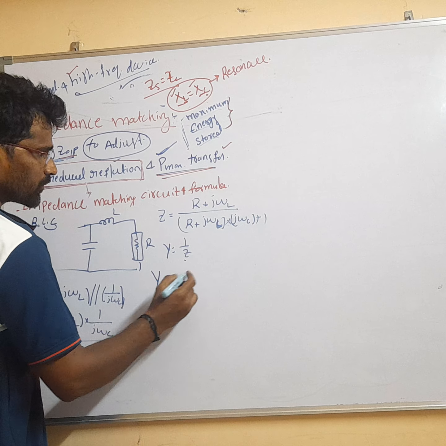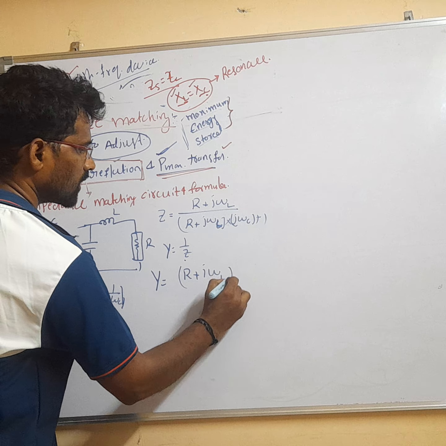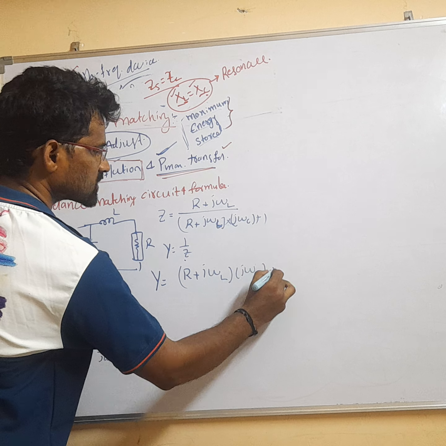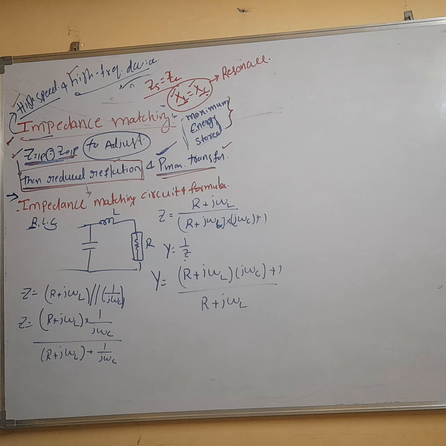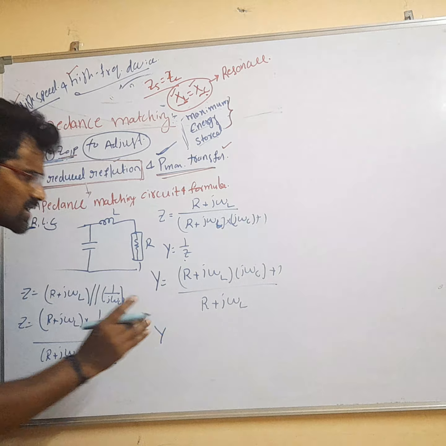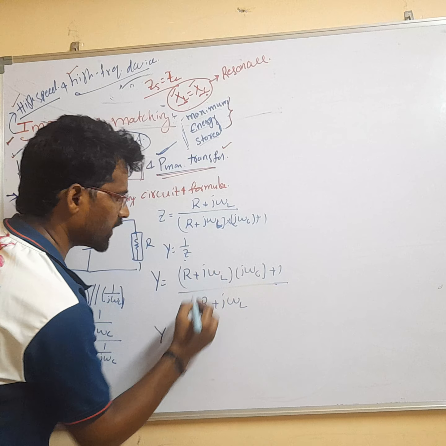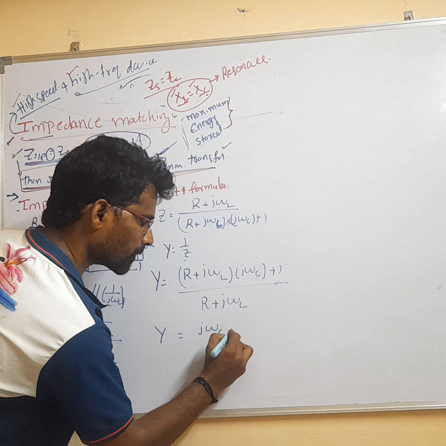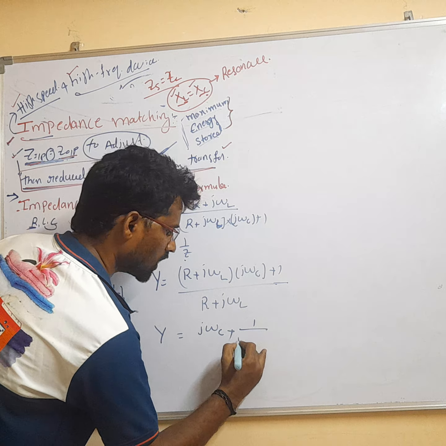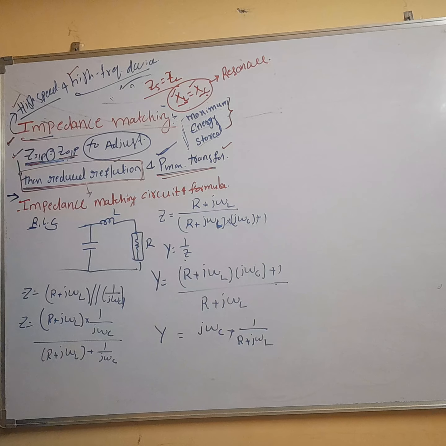Y is equal to 1 by Z, nothing but its reverse: (j omega C times (R plus j omega L) plus 1) by (R plus j omega L). Again it is only simplification. We divide, cancel these two terms, and we can write Y as j omega C plus 1 by (R plus j omega L).